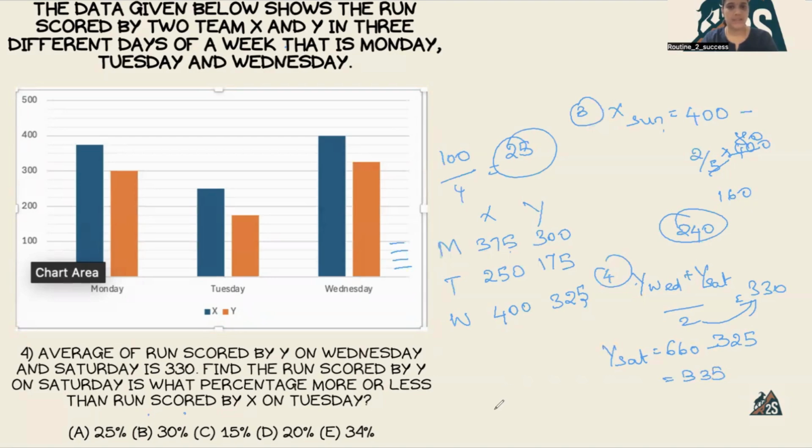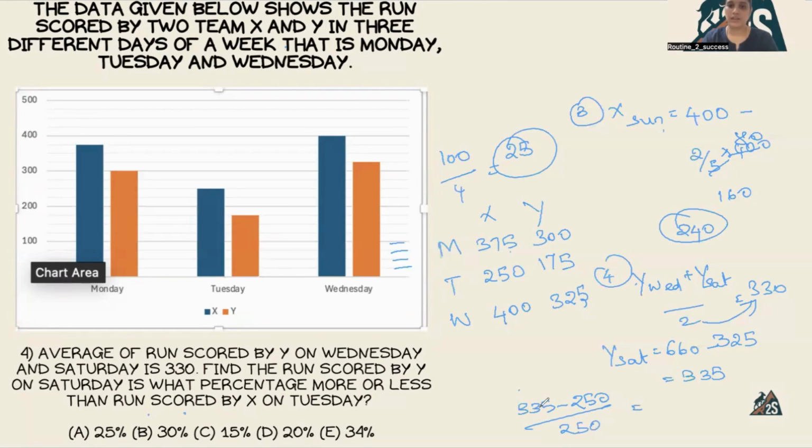No. Y Saturday is what percentage more or less than the runs scored by X on Tuesday? So 335 minus X on Tuesday, which is 250, divided by what will you put? Whichever variable appears in the statement after 'than', that will be your denominator. Runs scored by X on Tuesday, that is 250.